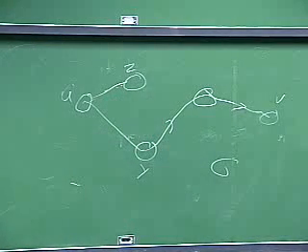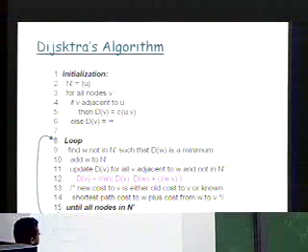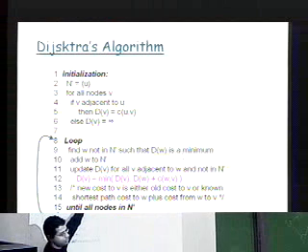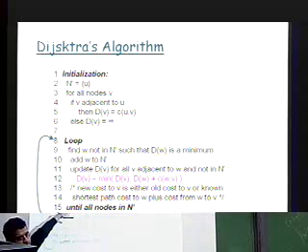So for all the neighbors, you set the distance to the neighbor to be equal to the cost of the link. For all other nodes, the distance is going to be set to infinity.